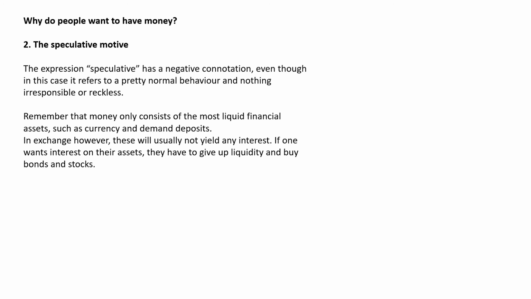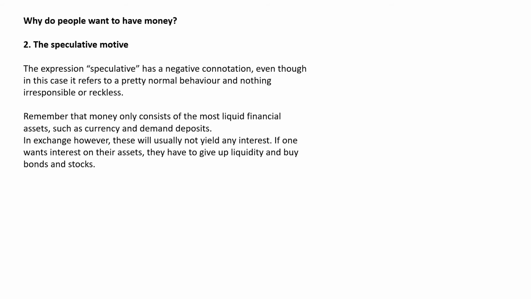So these assets were the currency and the demand deposits, and under normal circumstances these will not yield any interest. I said under normal circumstances because in countries with very high inflation it is possible that even demand deposits would yield a certain interest. But that is not a normal situation.